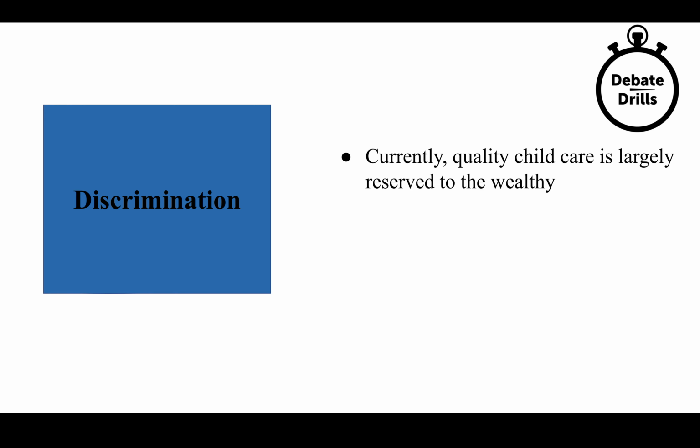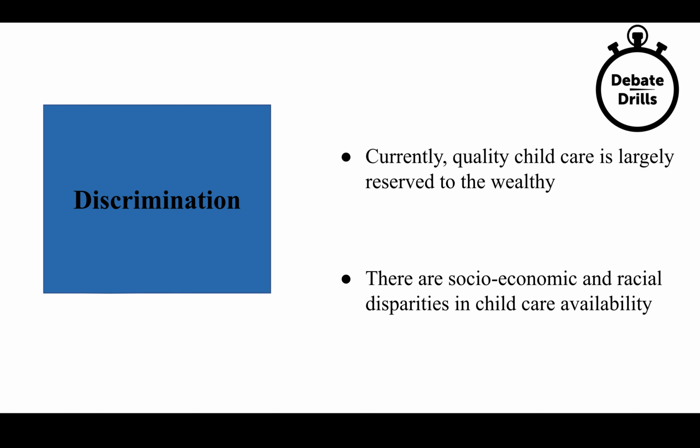It's not hitting the wealthy, it's hitting those who don't have as much money. There are socioeconomic and racial disparities in childcare availability. If you look at the numbers, we see that those who suffer because childcare is not available happen to be more prominently found in certain socioeconomic and racial groups.